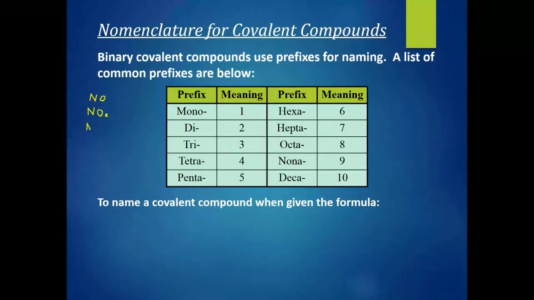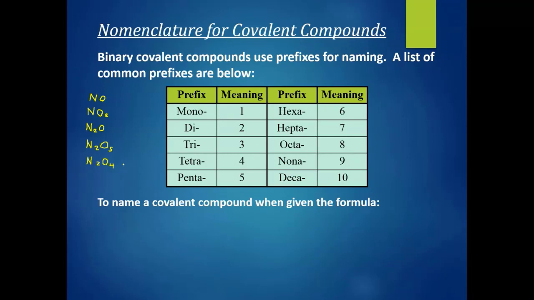You can have two nitrogens with one oxygen. That's called laughing gas or nitrous oxide. You can have two nitrogens with five oxygens. You can have two nitrogens with four oxygens. All of these are real compounds. All of these actually exist.